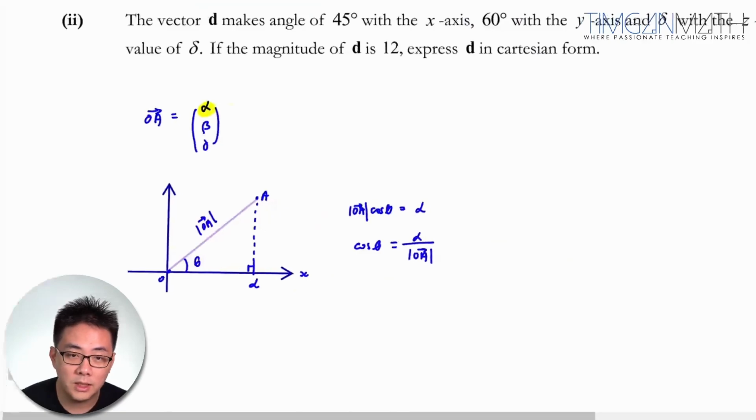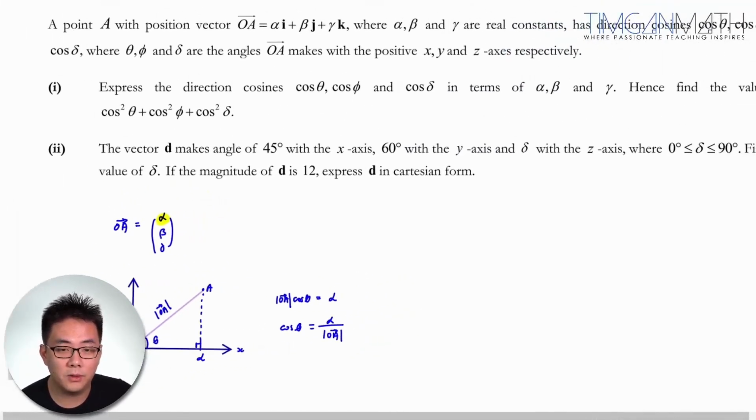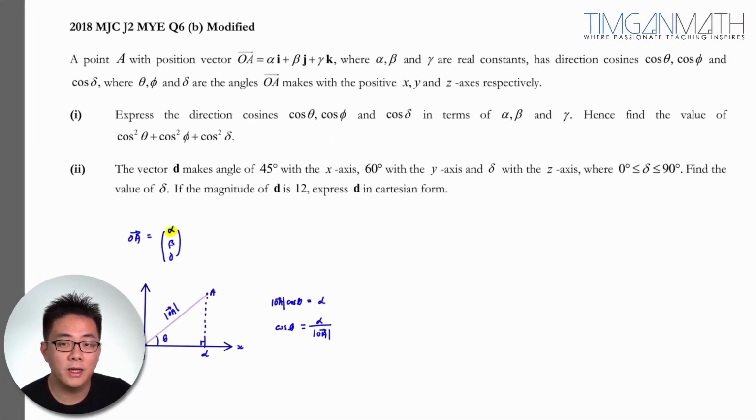So the angle between the vector and the x-axis is theta, and this is what we gather. Hence we find the direction cosines in terms of alpha, beta, and gamma.